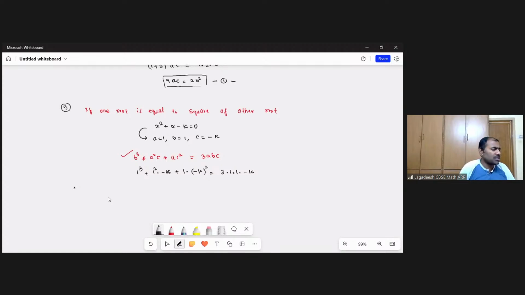They are given some options 0, 1, minus 1, something. Fine. 1 cube is 1 and C here plus into minus, 1 square is 1 into k is k. Then minus k whole square is k square into 1 is again k square equal to 3 into minus k is minus 3k.